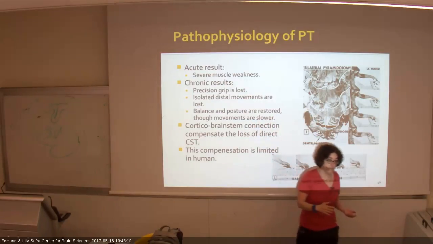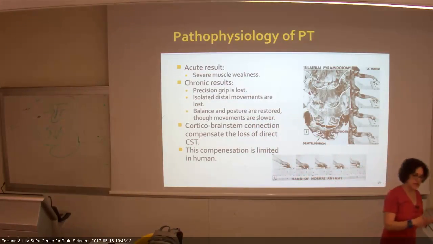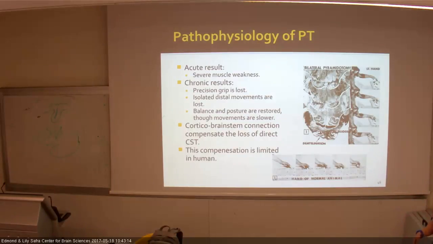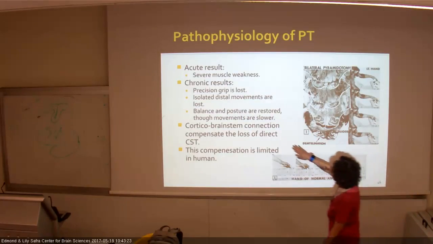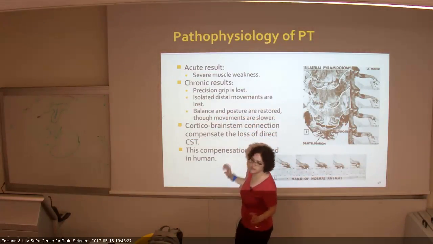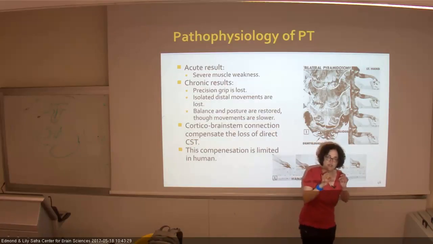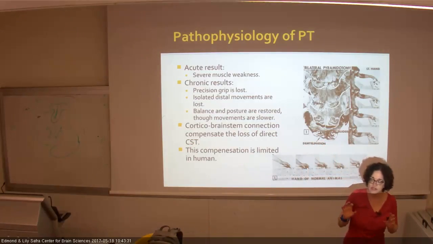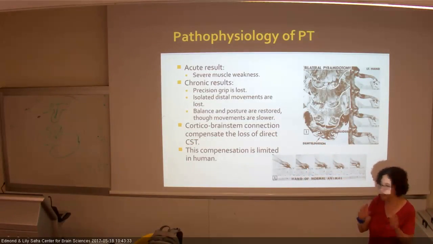The monkey can climb, can walk, can jump around. It's very difficult to see that there is any problem. It's a little bit slower, but the main deficit is that precision grip is lost, and also isolated distal movement. So the monkey cannot make independent finger movements, cannot have this fine control of actions.